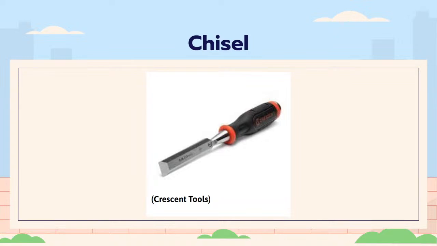Okay, another one. It's a chisel. Okay? Let's say it together. Chisel. These tools are used when you're building something and you have sharp corners.